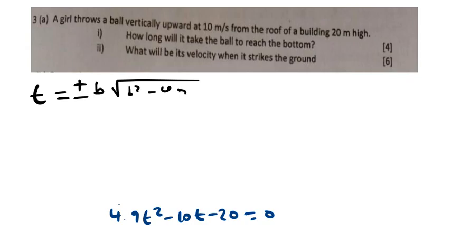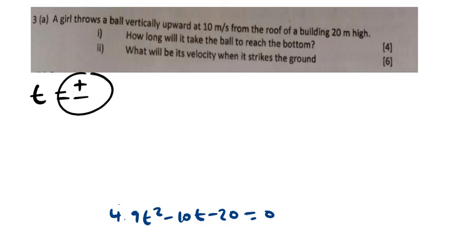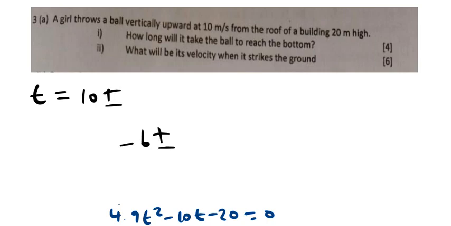So that is what we have, just to remind you. I'm just going to do it directly. We already have a negative 10 as our b, so it means we're just going to have a positive 10 here. Then positive or minus the square root of b squared. That is the quadratic formula.